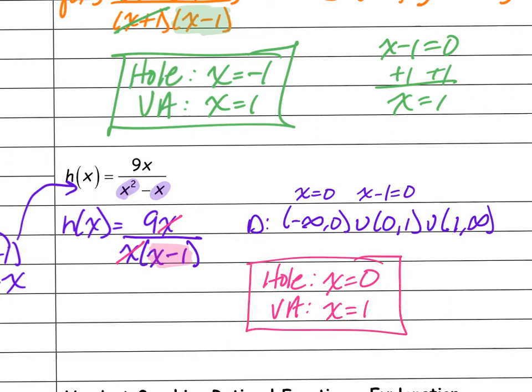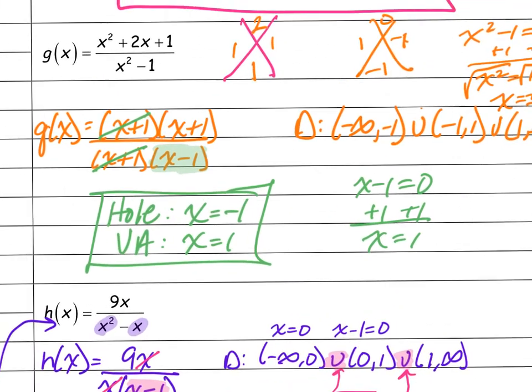And if you look in my domain, by the way, this all lines up to my domain. It's all at the point where my unions are. I always have something going on at my union. Either an asymptote or a hole will be in those spots. So if you need to know, that's why we find the domain. Where those spots are, right here, there's something going on.